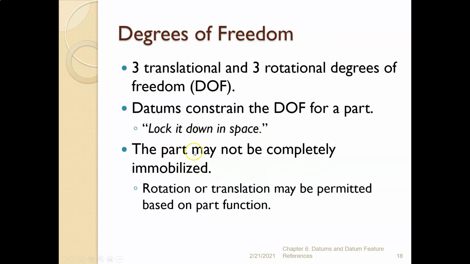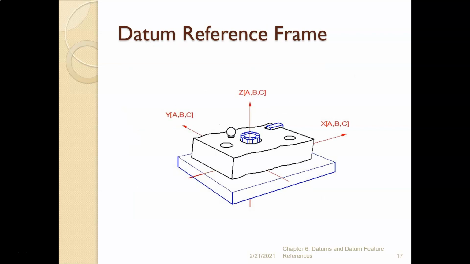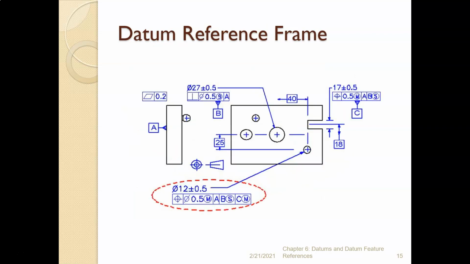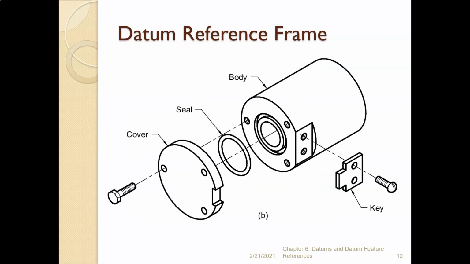All right, the part may not be completely immobilized though. Rotation and translation may be permitted based on part function. So if we go back to this part right here, let's say we didn't have this key, and it really didn't matter the orientation of the cover.